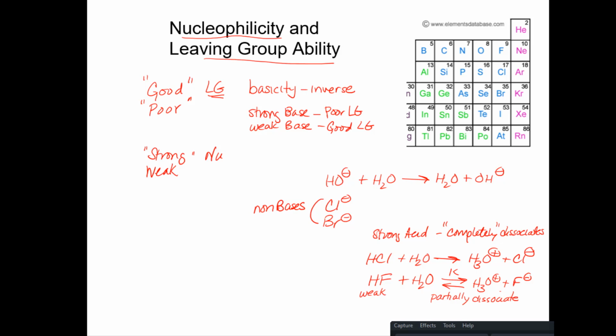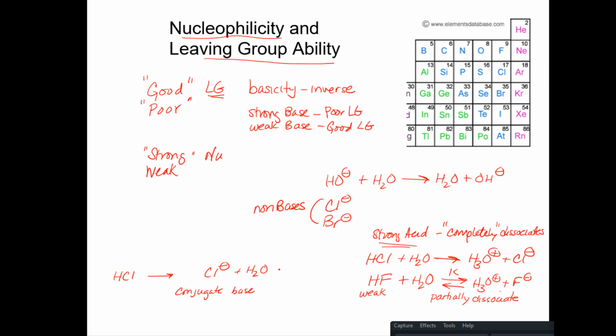Now, strong acids like HCl, what is the conjugate base? What's the conjugate base of a strong acid like HCl? It's Cl minus. What happens when I put Cl minus in water? Does Cl minus deprotonate water to make hydroxide?